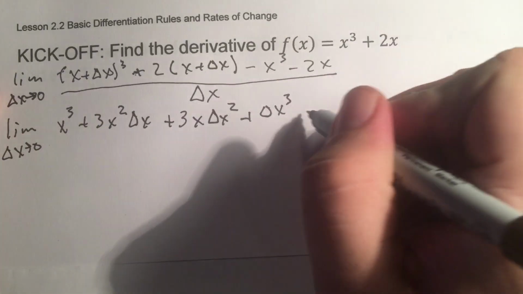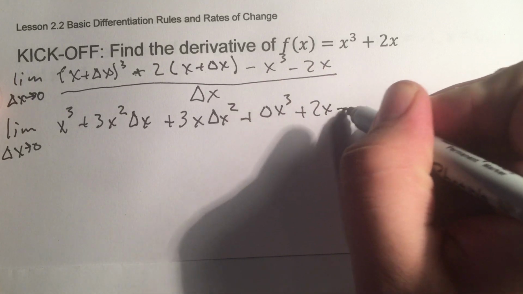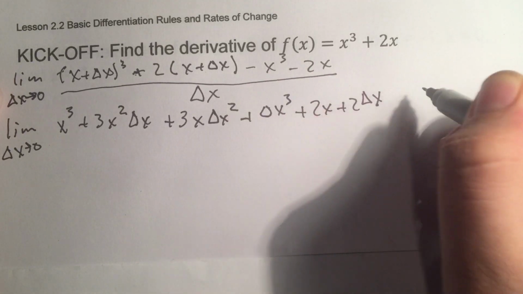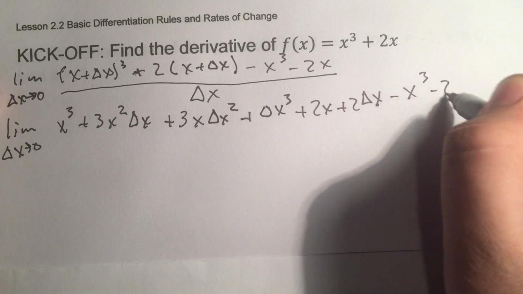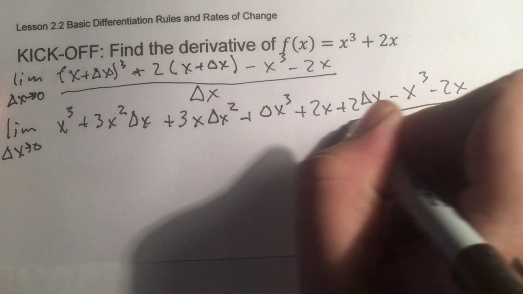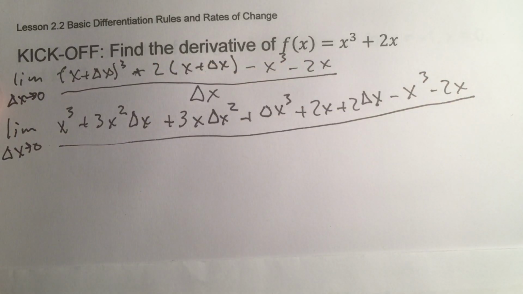We're going to distribute the 2 in there, so plus 2x plus 2 change of x minus x to the third minus 2x, all over change of x.